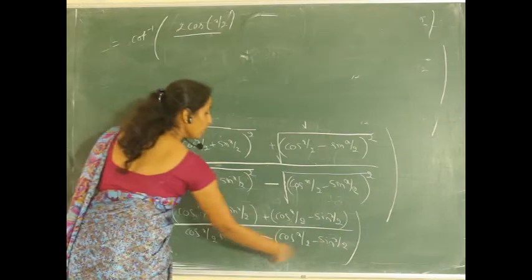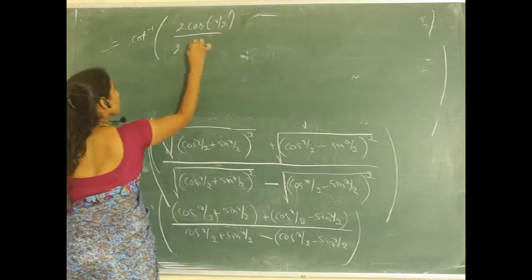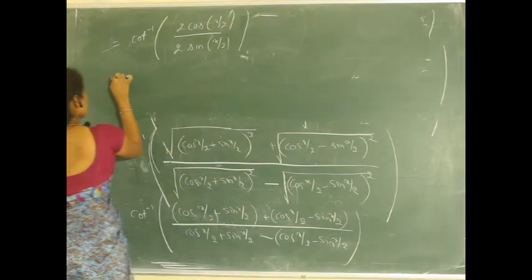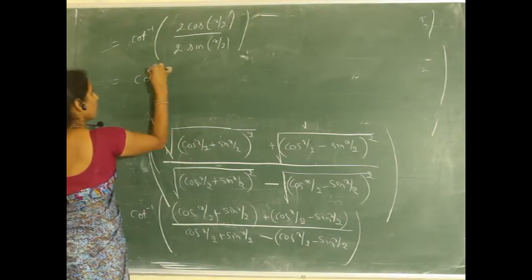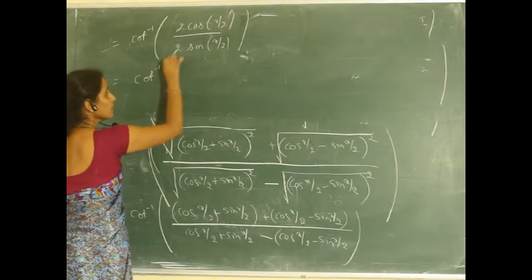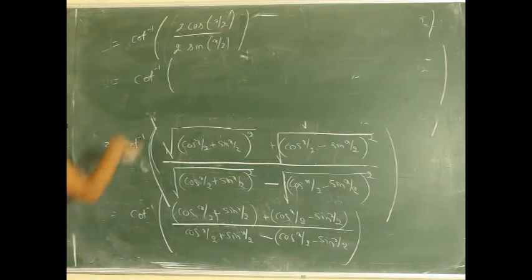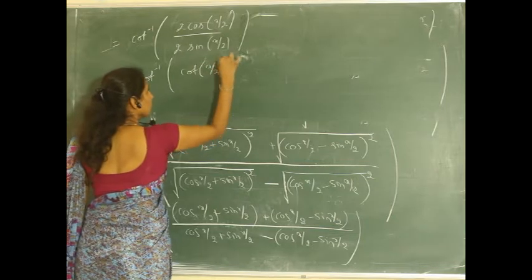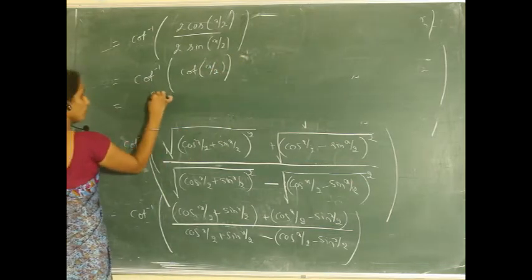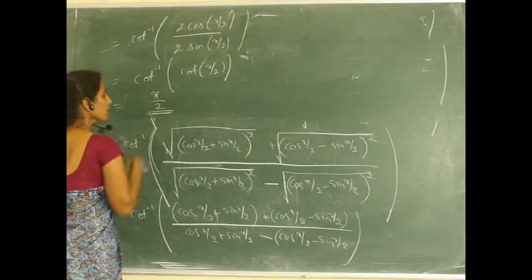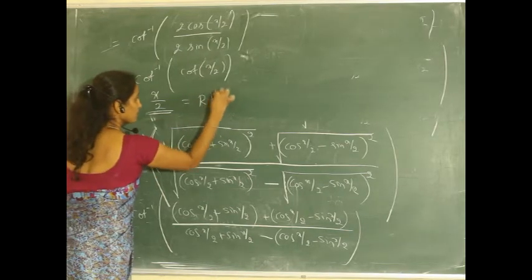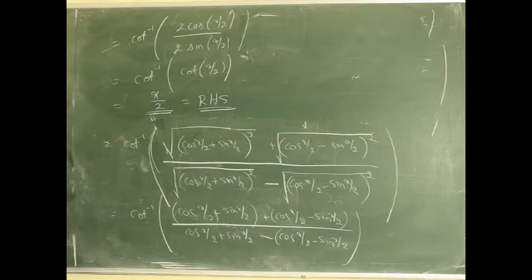Sin x by 2 plus sin x by 2 is 2 sin x by 2. So this is equal to cot inverse of, 2 can be cancelled, cos x by 2 over sin x by 2 is cot x by 2. So this is equal to cot inverse, and cot can be cancelled. We are getting only x by 2. So this is the RHS.